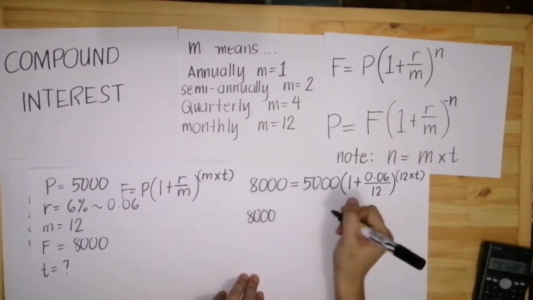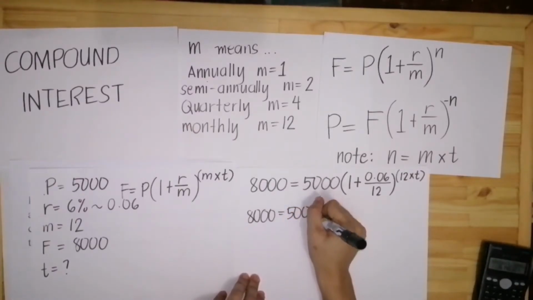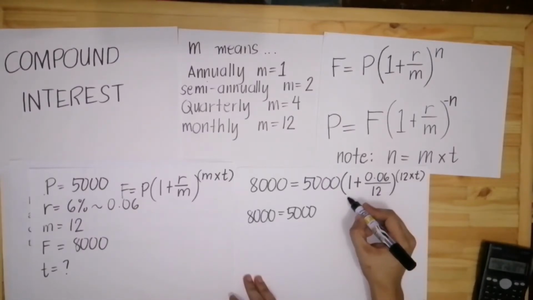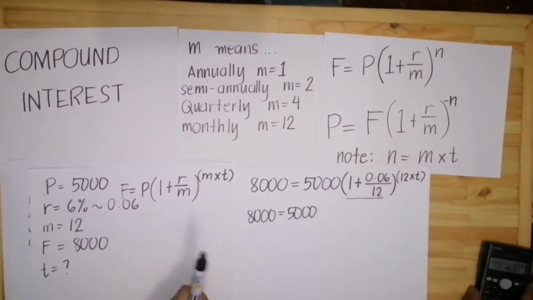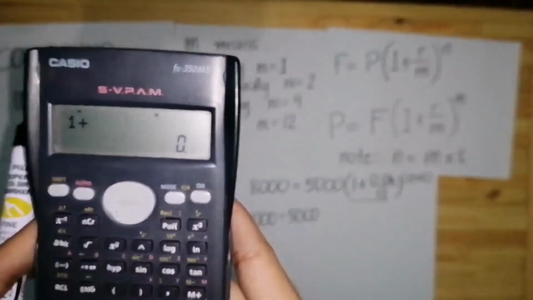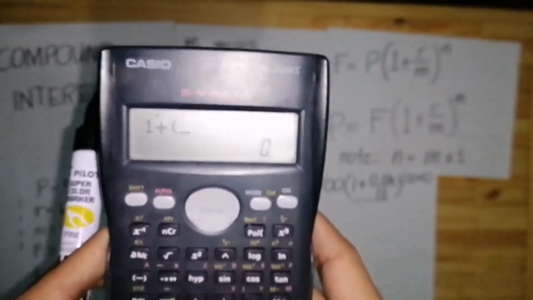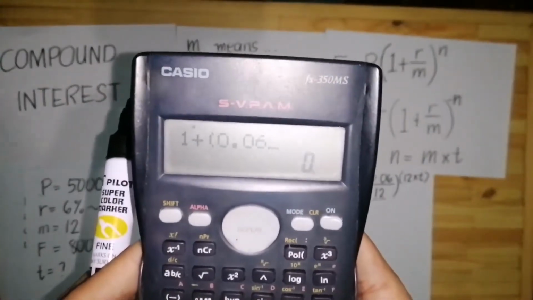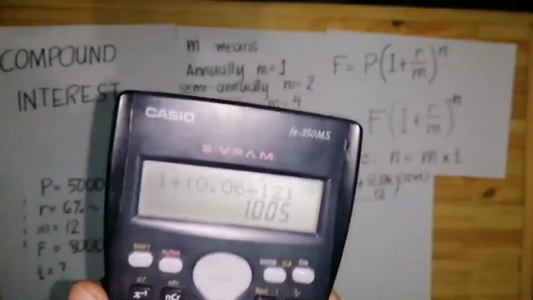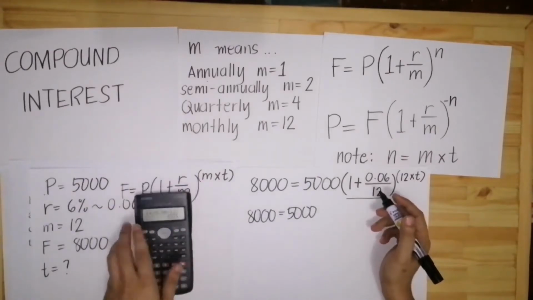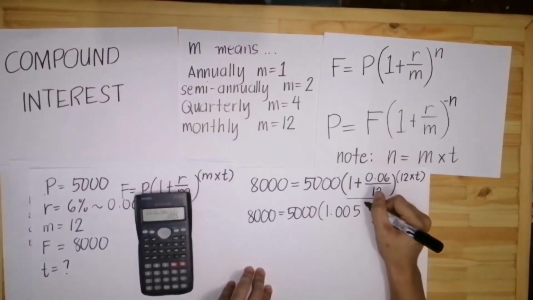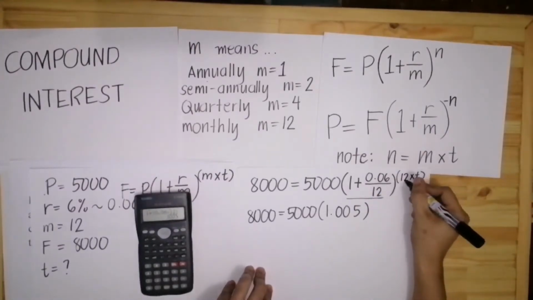8,000 equals 5,000. Tapos, eto class, pwede natin isolve to sa calculator. So, lagay sa calculator, 1 plus parenthesis 0.06 divided by 12, close parenthesis. That is 1.005. So, meron tayong 1.005, then raise to 12t.